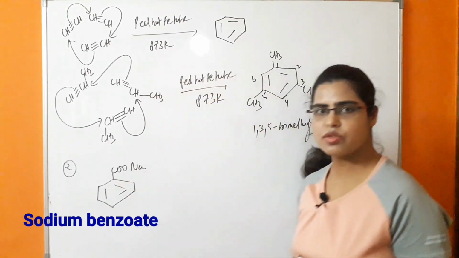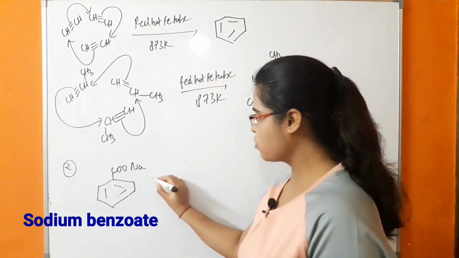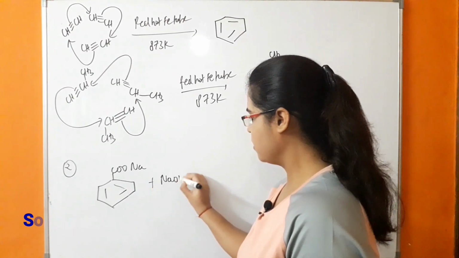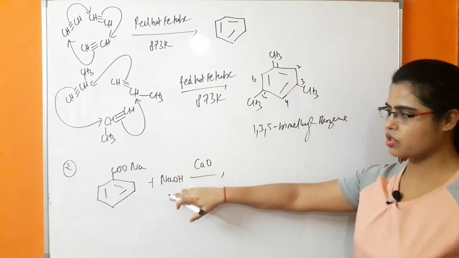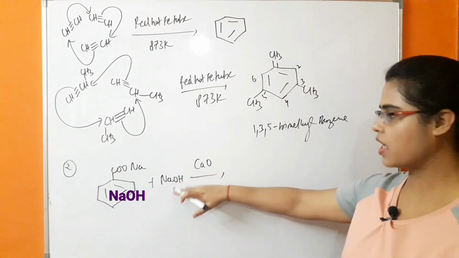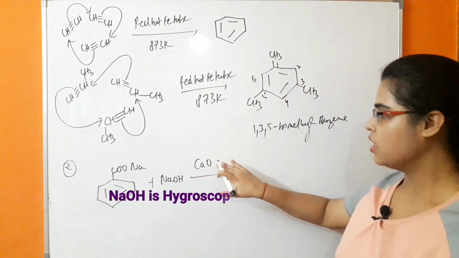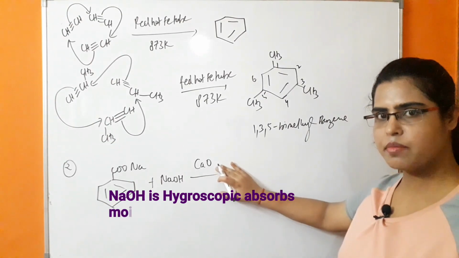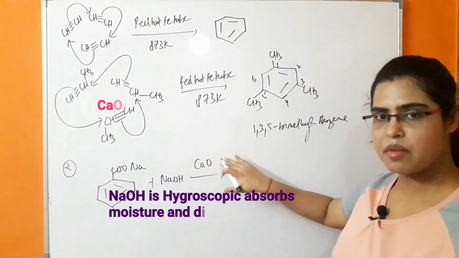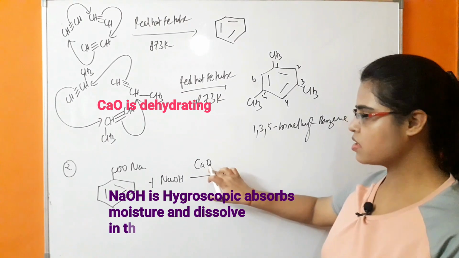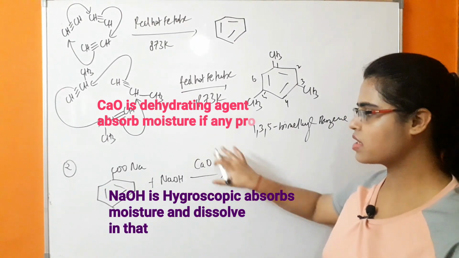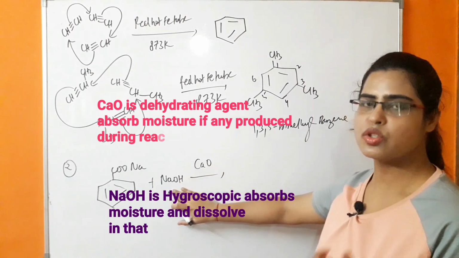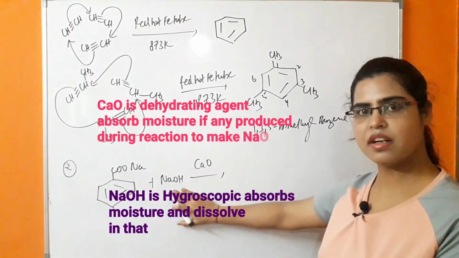This is sodium benzoate. In the presence of sodium benzoate, we take soda lime, that is the mixture of sodium hydroxide and calcium oxide. This calcium oxide is quick lime, and it plays a very important role because it behaves as a dehydrating agent. This sodium hydroxide will remain dry.